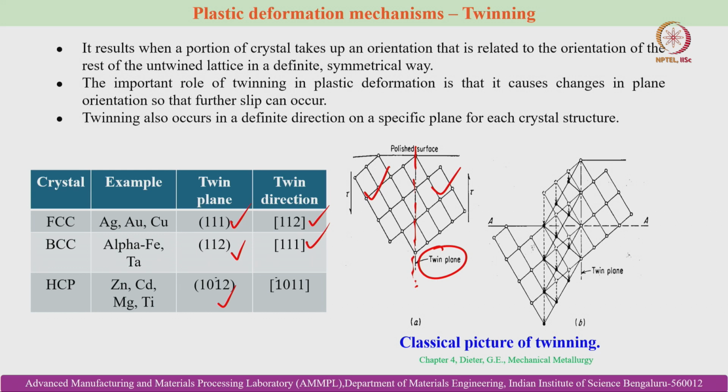You can see that there is symmetry between the lattices on both sides of the twin plane. That is why we can say that the twin exists in this case, and the particular plane for each crystal structure and the twin direction are depicted in this table.